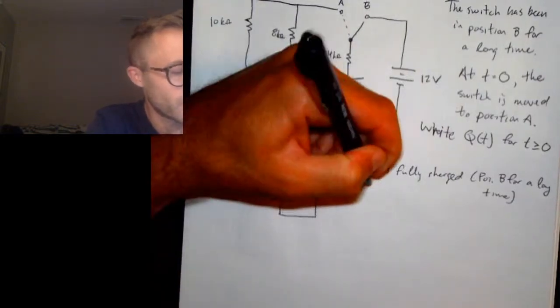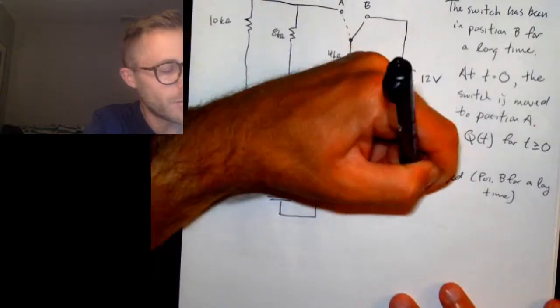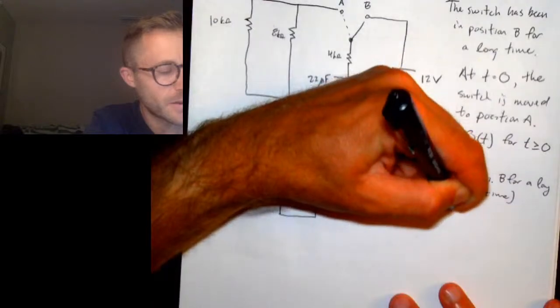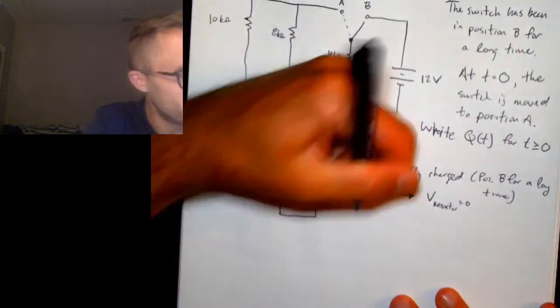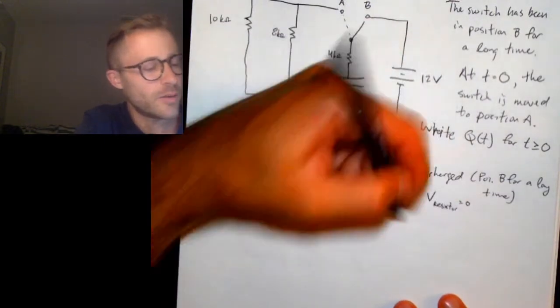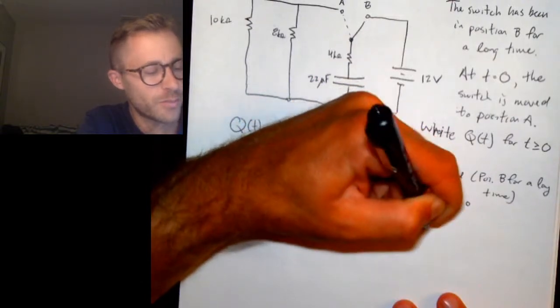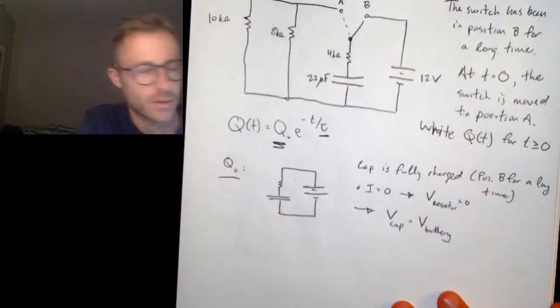So the current equals 0, which means that the voltage across the resistor equals 0. All right, which means that the voltage across the capacitor is equal to the voltage of the battery, which is 12 volts.